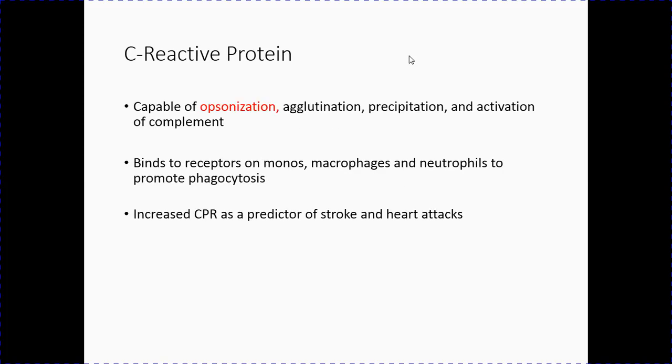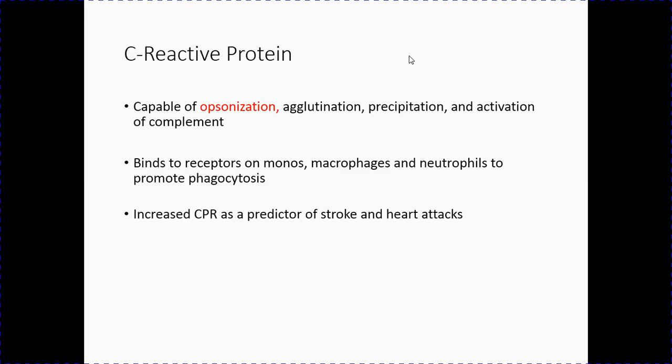As I said, C-reactive protein is capable of opsonization, just coating a microbe to make it more susceptible to phagocytosis. It's capable of agglutinating, precipitating, and activating something called complement. It can agglutinate cells and platelets. It can bind to receptors on some phagocytes to promote phagocytosis after microbes are detected.